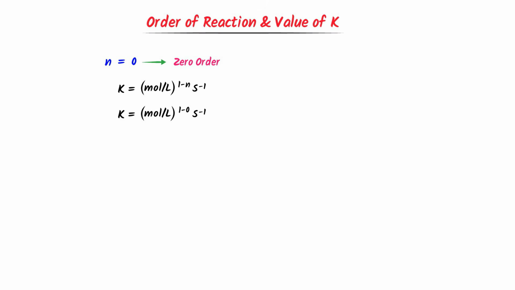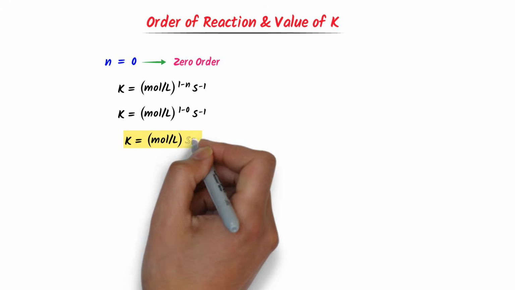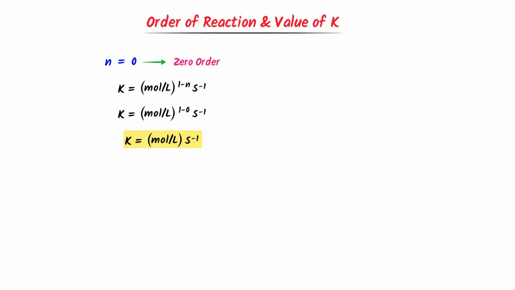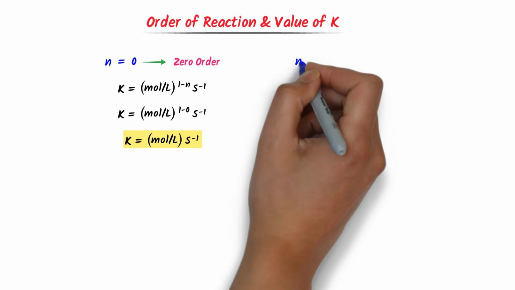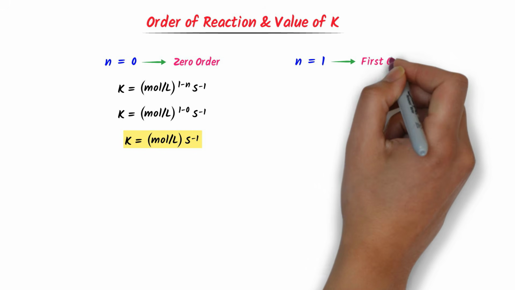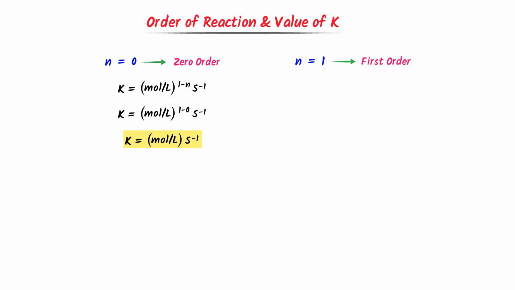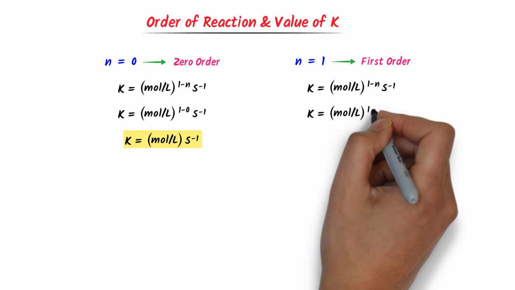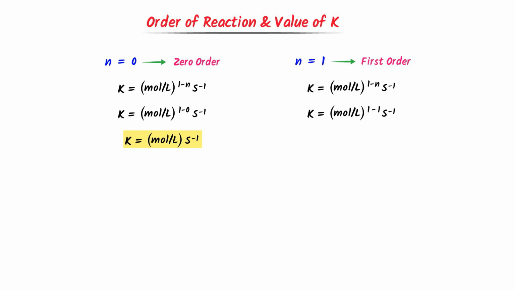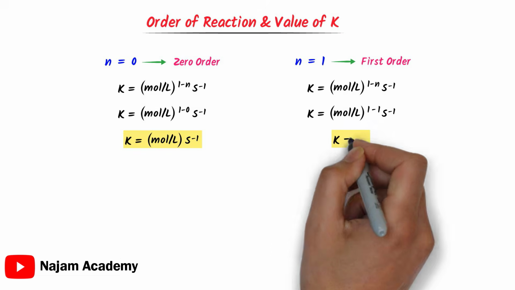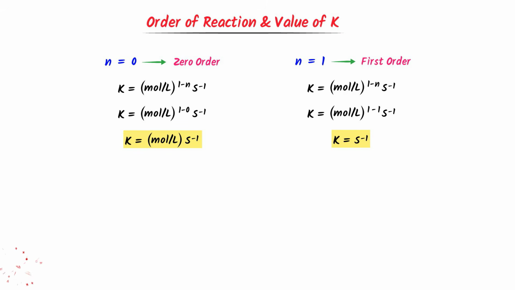After calculation, I get mole per liter per second. Secondly, when n is equal to 1, it is first order reaction. I write (mole per liter) raised to the power 1 minus n per second. Here, the value of n is 1. After calculation, I get per second.